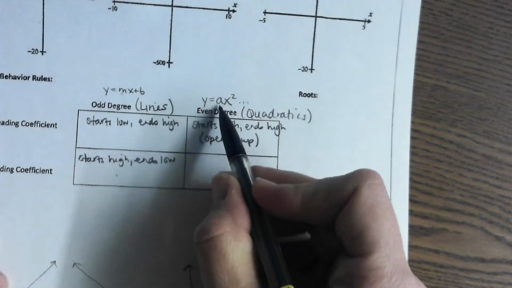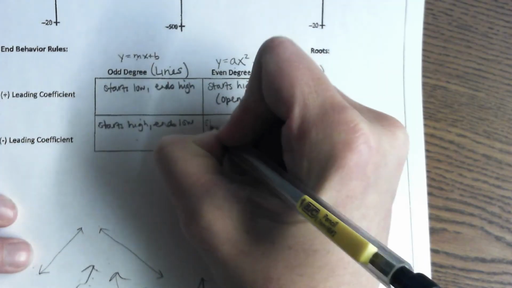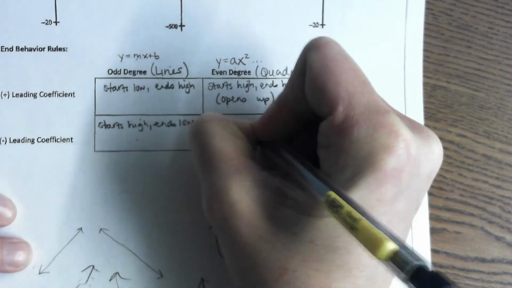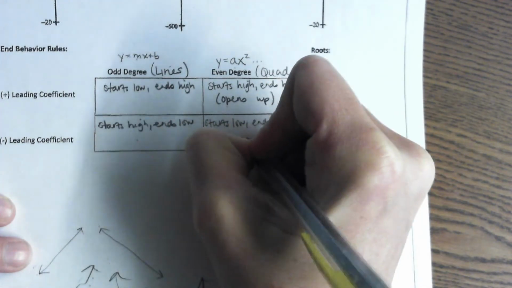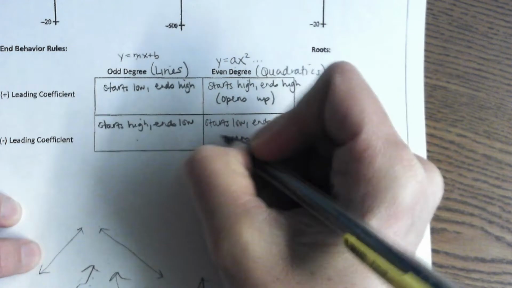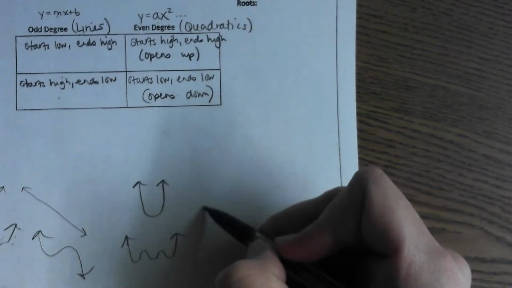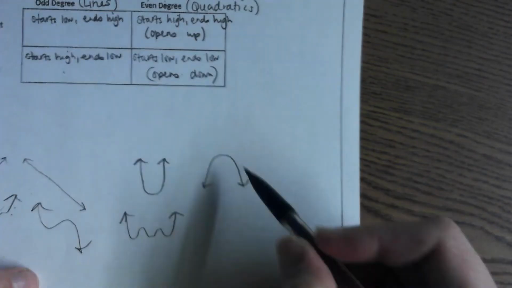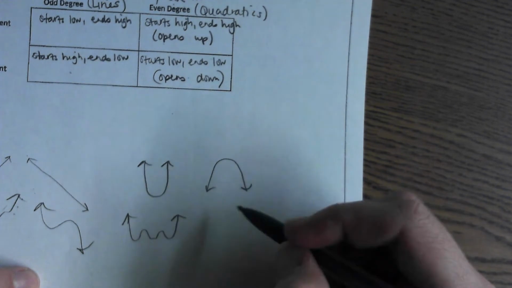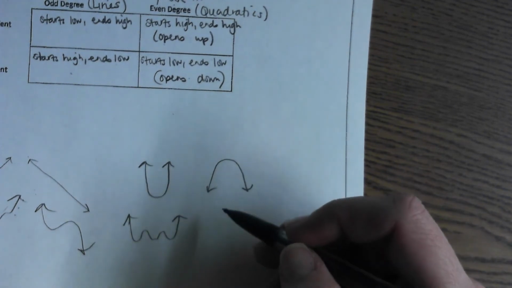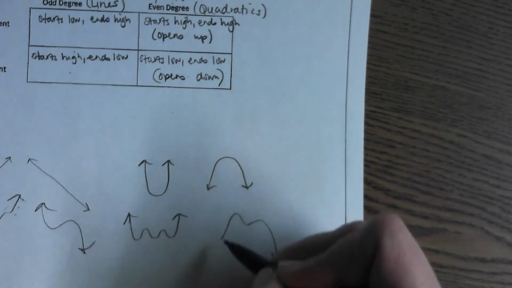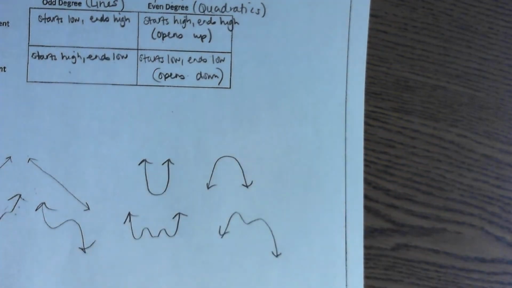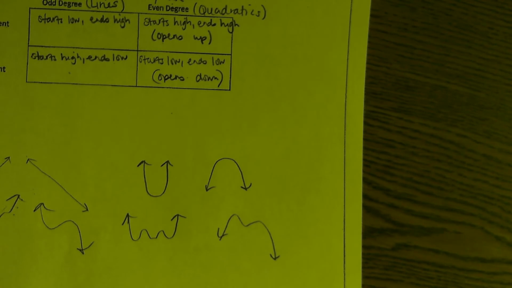And if it's a negative a value out in front, we all know that opens down, starts low, ends low. But again, a parabola is very straightforward and simple. A negative coefficient on a fourth power or a sixth power will be a little more interesting, but it will still open down.